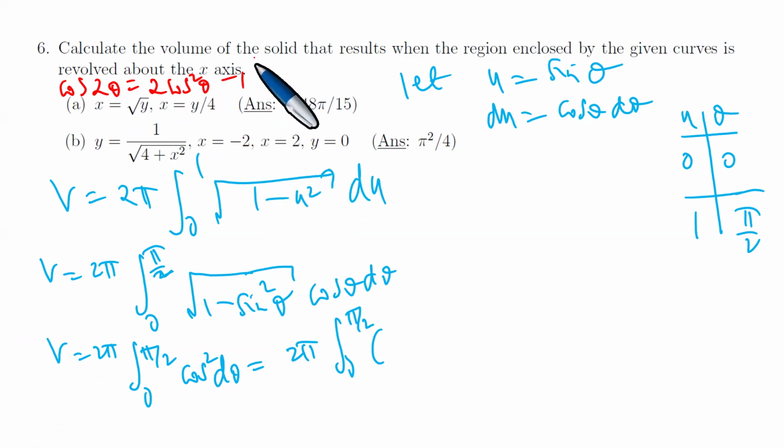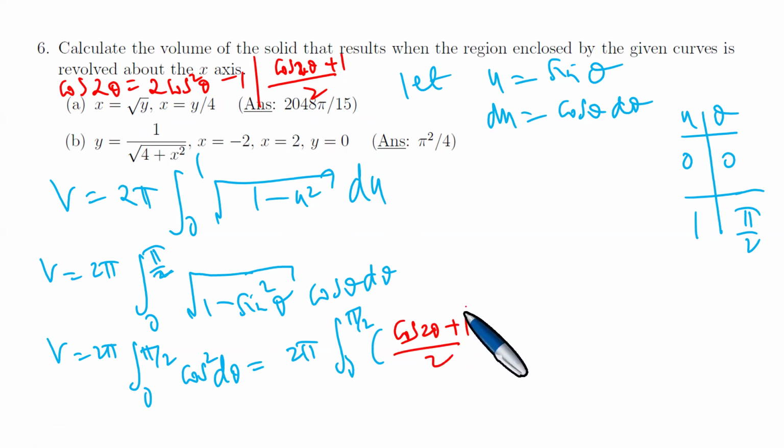Then cosine squared becomes cosine 2 theta plus 1 over 2. So if you want to integrate cosine squared, you integrate cosine 2 theta plus 1 over 2 using the high school identity, and then you have d theta.